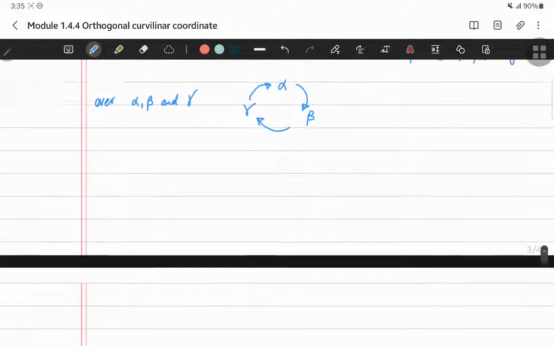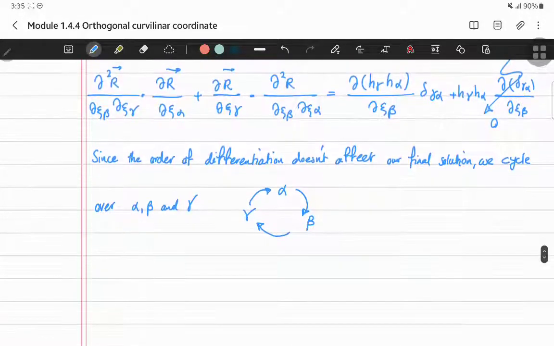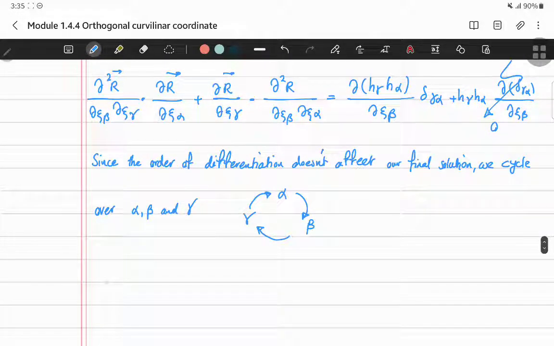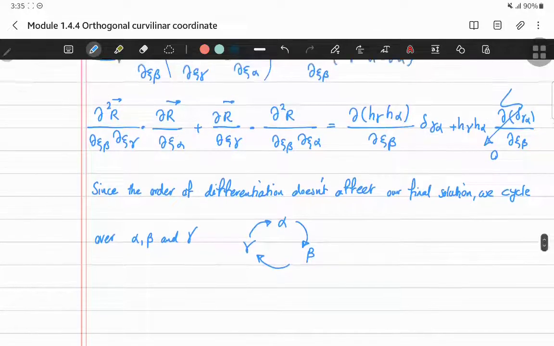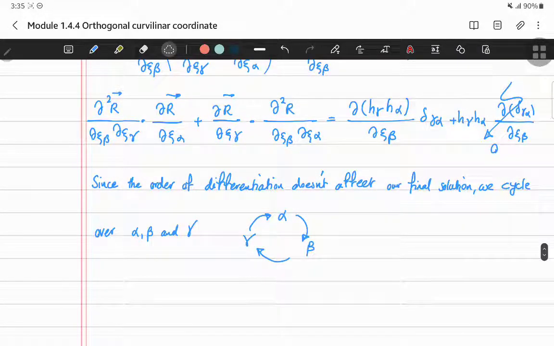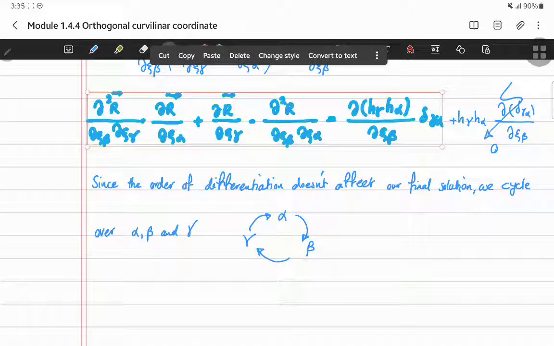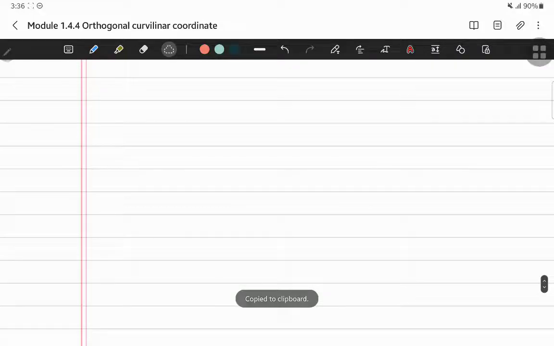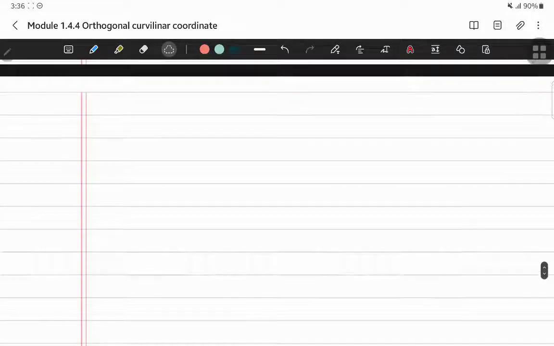Okay, so let me write this here. Let me see if I can copy this, copy and paste it here twice.